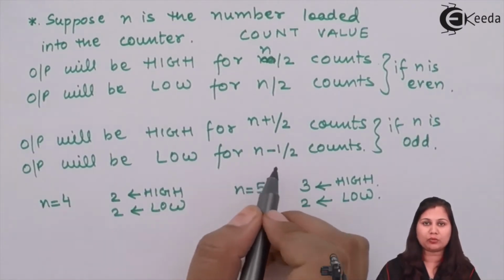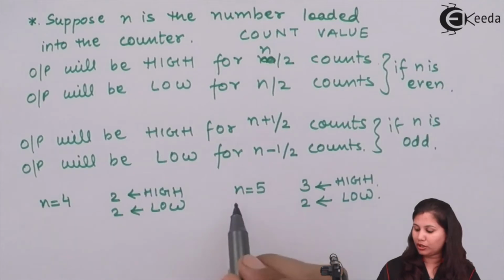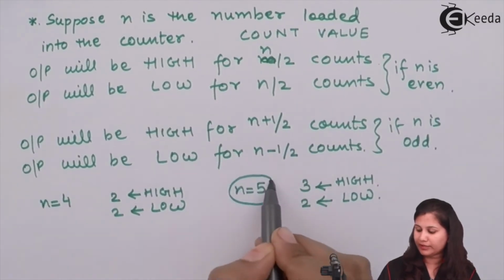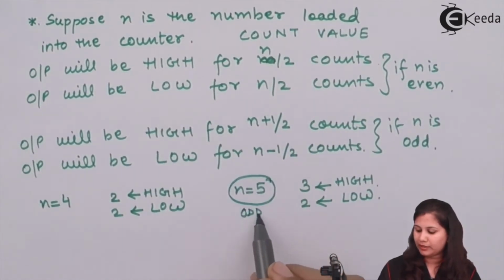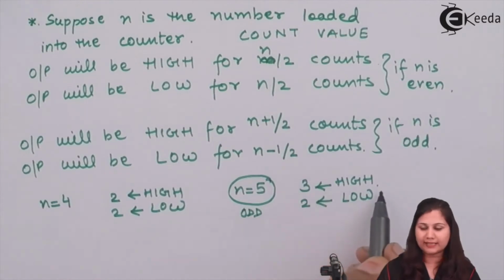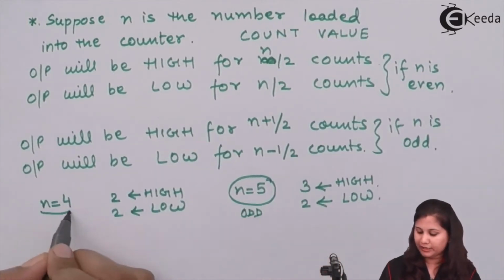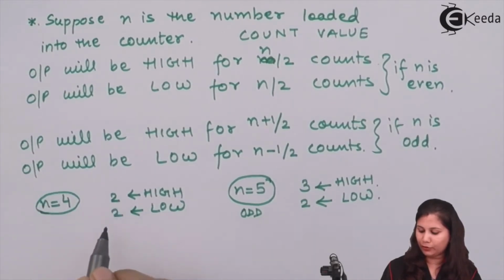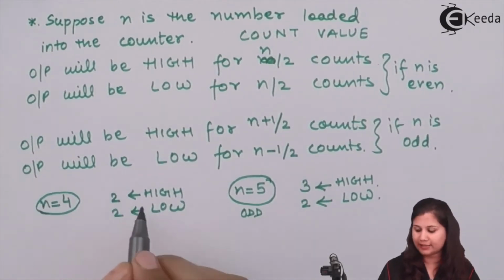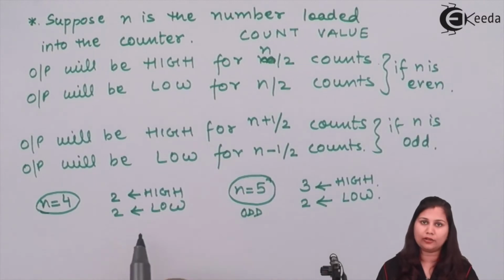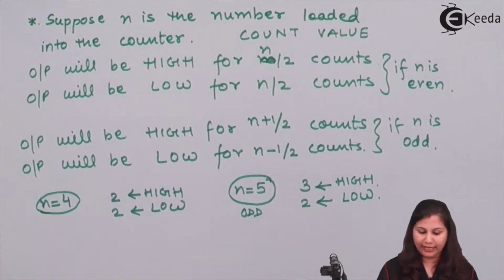So 5 minus 1 by 2 will be 2. So if the count value is odd, then for 3 clock cycles it is high, and for 2 clock cycles it is low. And if it is even, then for n by 2 and n by 2 clock cycles, the output will be high and low. So let's see the timing diagram for this mode 3.